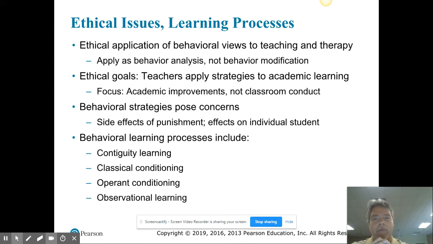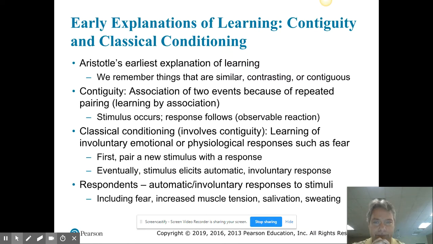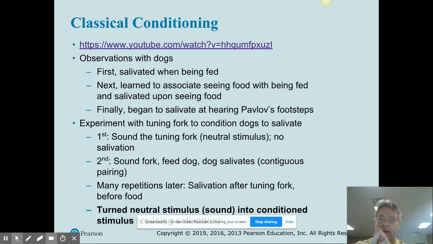So when we're talking about behavior approaches, notice that when you observe in the classroom how teachers manage their students, some of them don't respond as well. And so we have to look at that as some of the issues we're seeing. So the behavior learning process includes those four factors as well. So those are the terms that we're going to be using, right? I'm going to move on to the next slide.